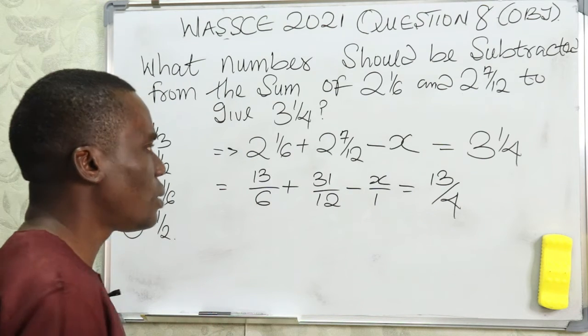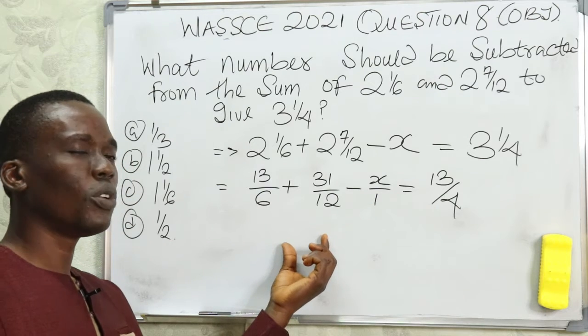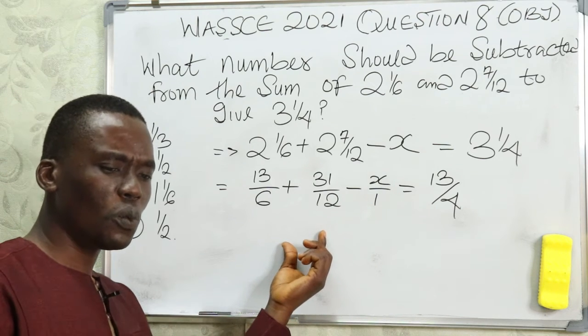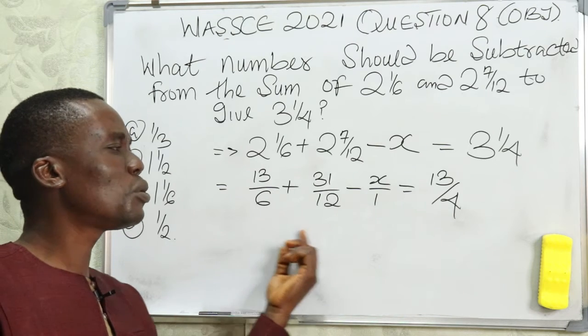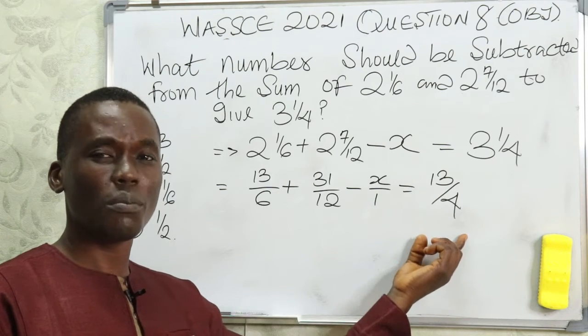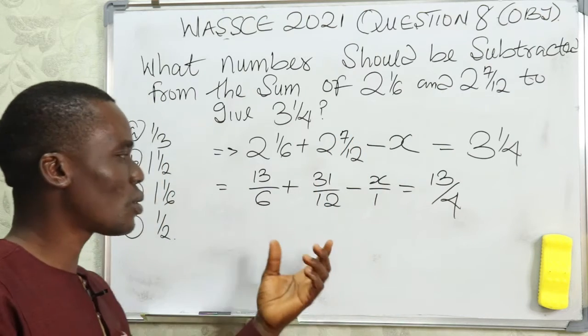Right? Now let's go further to reduce this. Now take note of something, that all these have the same denominator. If we want to go on solving this using the longer form method, we want to start looking for LCM, but that is a long process of solving this question.